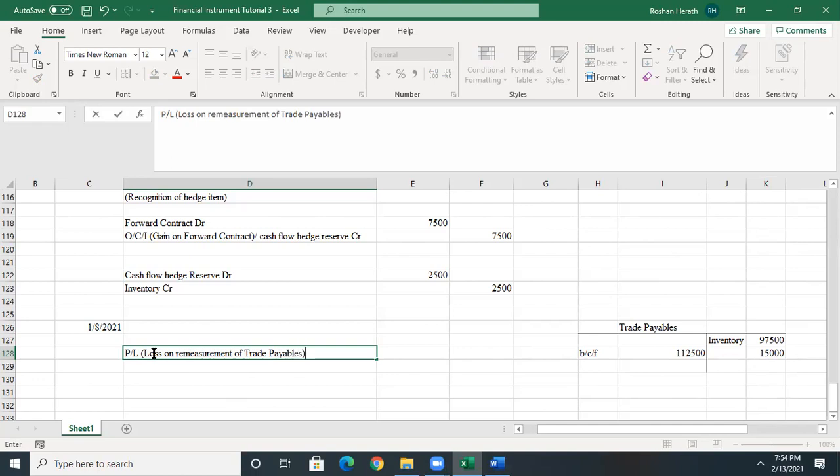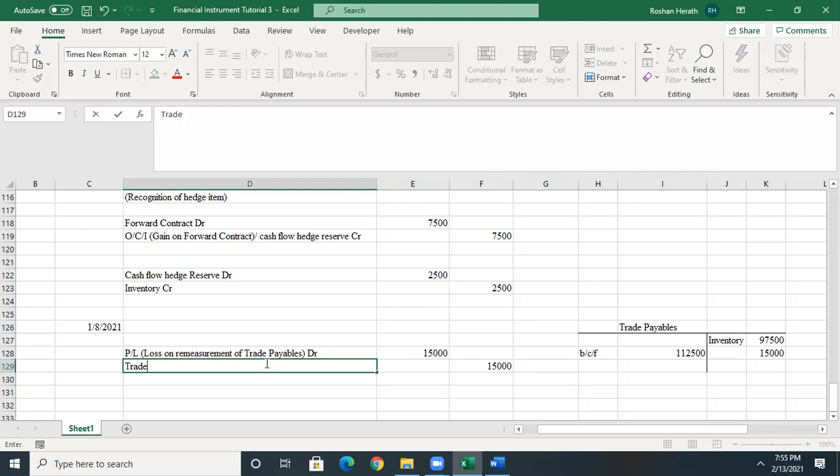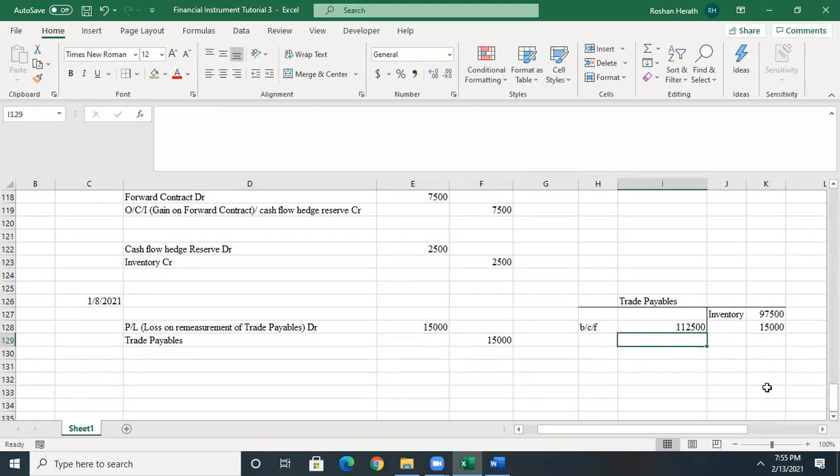එතන කිසිම වෙනසක් නෑ. අපි කලින් ගත්ත විදිහටම දාලා එතකොට ඒක loss එක ගන්නවා P&L එකට. 15,000. So it is 15,000 credit to the trade payables. එතකොට පේනවා අපිට trade payables වල අවසාන වශයෙන් 1,12,500ක් තියෙනවා. එතකොට 1,12,500 අපි settle කරමු.